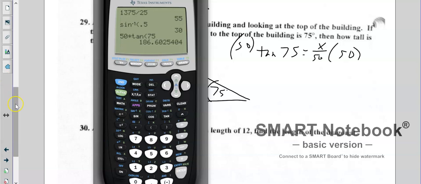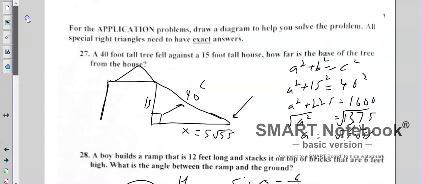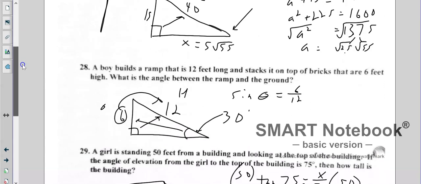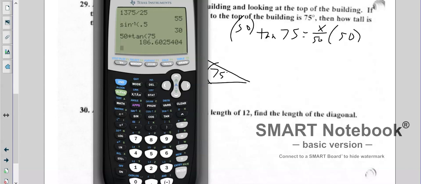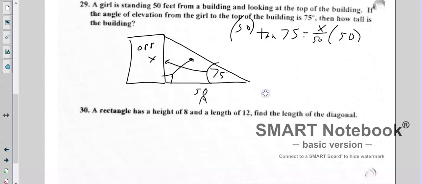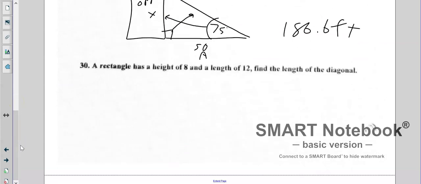Now, what did it say to do? This is not a special right triangle, so we're going to just round. So 186.6 feet. If it did say round to the nearest whole number, it'd be 187 feet.